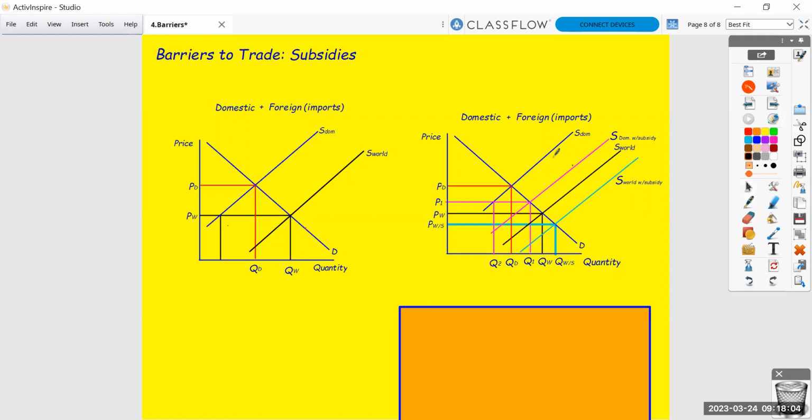So you're going to see that the domestic supply is going to shift. And guys, try to remember that the world supply is the domestic plus the foreign. So if the domestic shifts, the world also has to shift. And you can see that that subsidy is going to lower the price, but because domestically we're being subsidized, you will see that they will now be able to produce more.